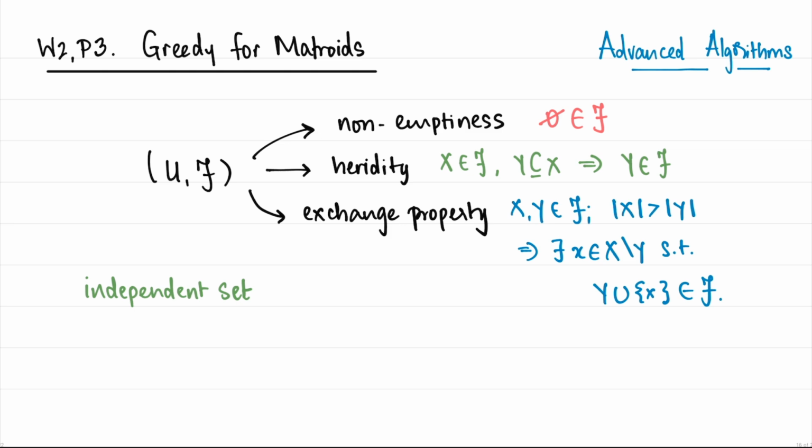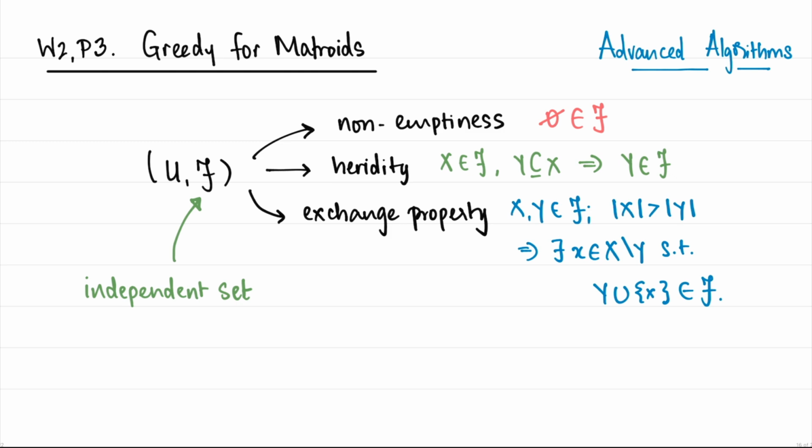But the terminology independent set is actually used for all the elements of the family associated with a matroid. So if you have, let's say, linearly independent columns, those are called independent sets. The forests that we saw would be called independent sets in the context of the matroid that they belong to. This is a hangover from linear algebra terminology because the linear matroid does consist of linearly independent columns, so the independence term was inspired from there.